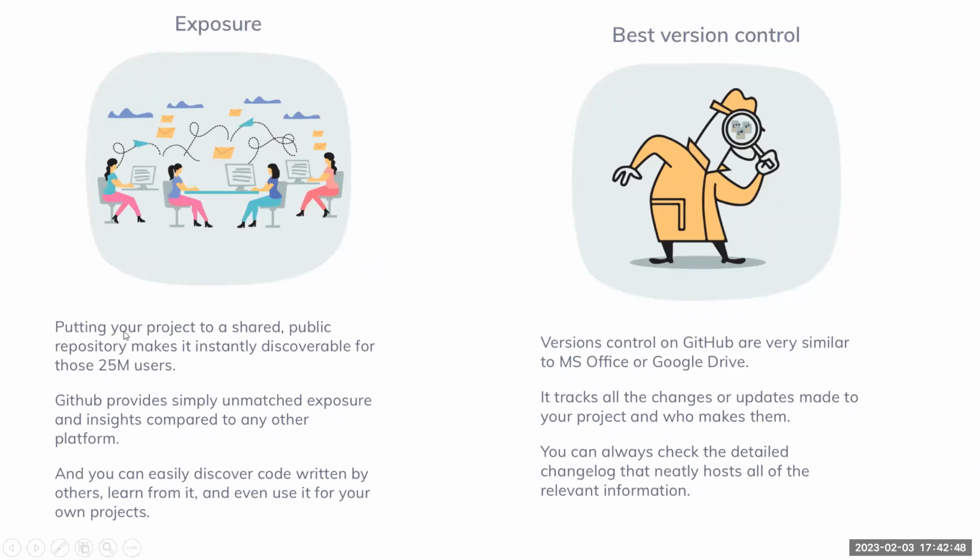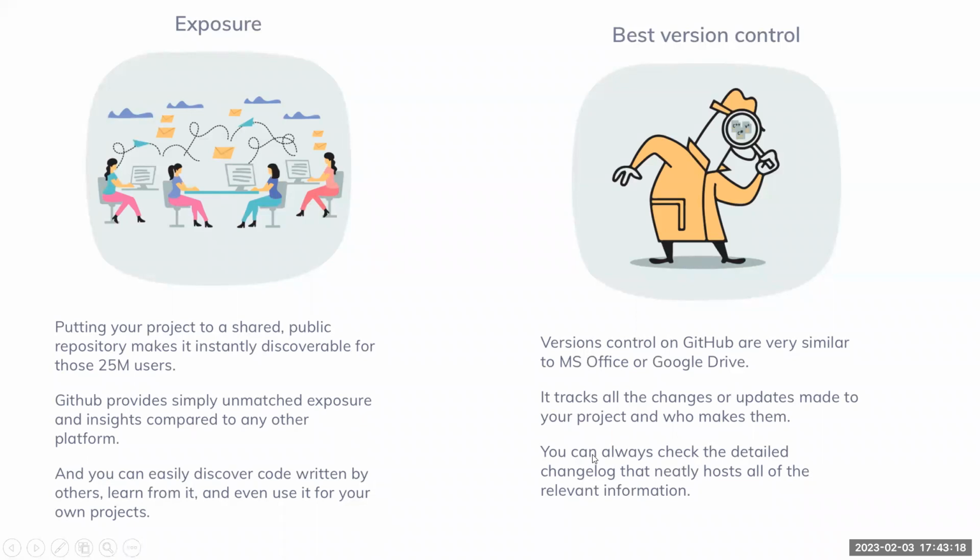More details about GitHub. Putting your project in a shared public repository makes it instantly discoverable for those 25 million users. GitHub provides simply unmatched exposure and insights compared to any other platform. You can easily discover code written by others, learn from it, and even use it for your own projects.